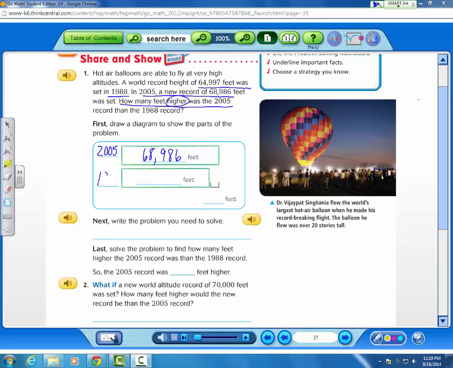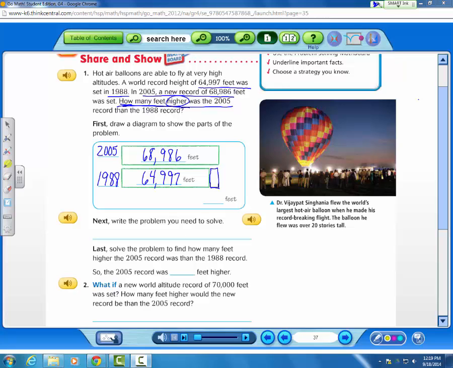So in 1988 it was 64,997 feet. This spot right here is the difference between the two. And if you just look at the picture, it's the difference in the length of the two bars as well. Where it says how many feet higher in the problem, it's asking us to find the difference.